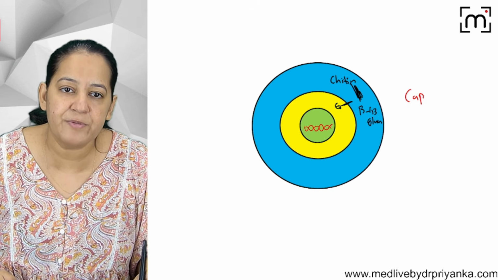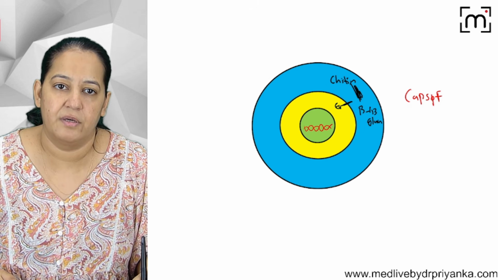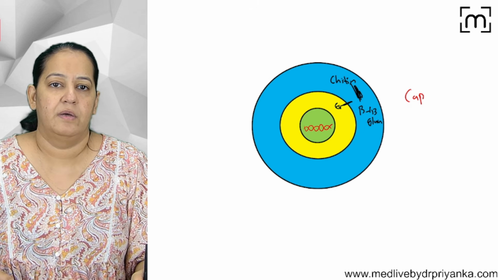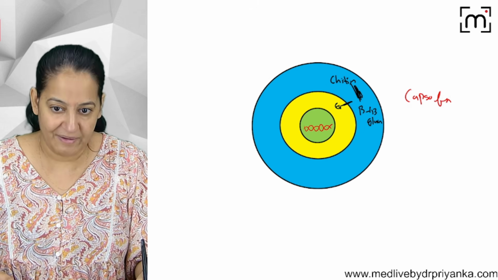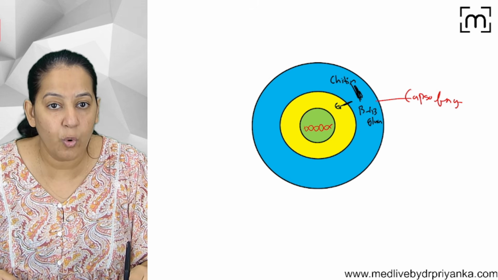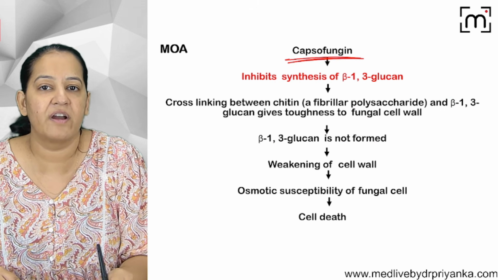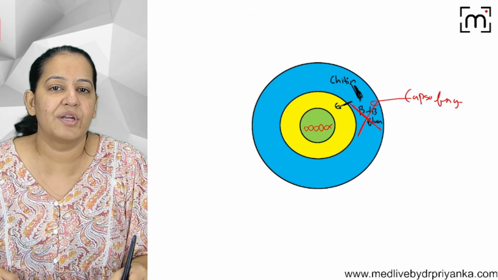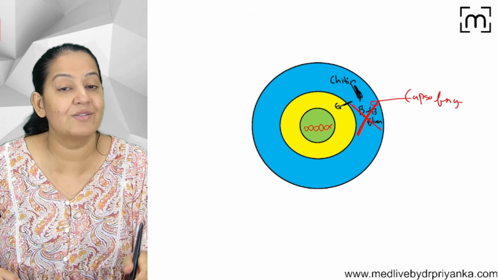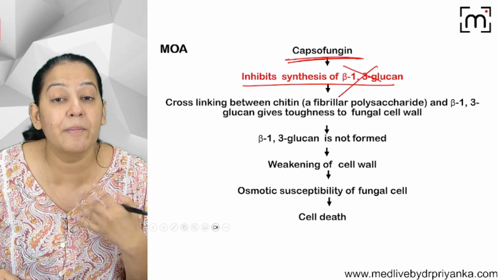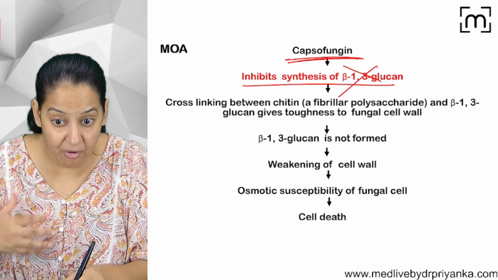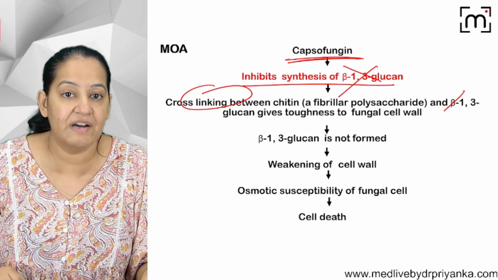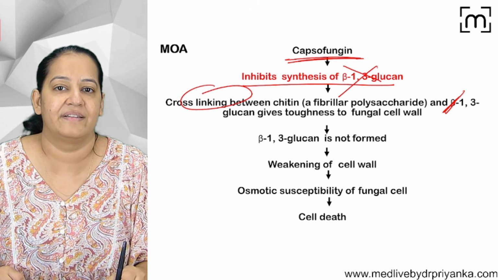So if I give Caspofungin to my patient, this Caspofungin will go to the cell wall and inhibit beta-1,3-glucan synthesis. If beta-1,3-glucan is not formed, the cell wall will become weaker, because the cell wall is formed by cross-linking between beta-1,3-glucan and chitin.